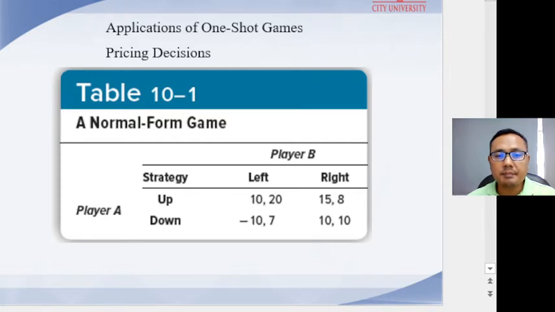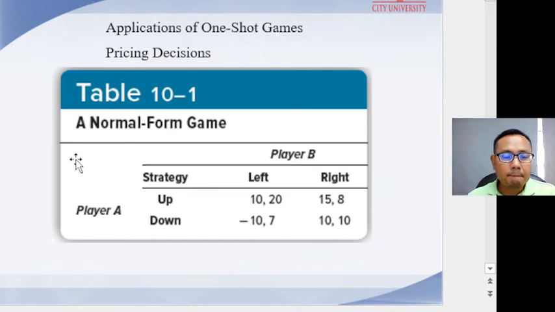Perhaps the best way to understand precisely what is meant by strategy and normal form game is to examine a simple example. The normal form of a simultaneous move game is presented in this table.